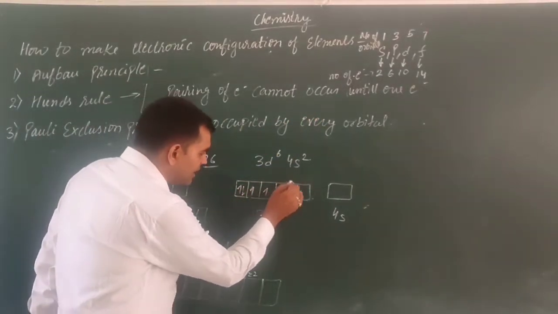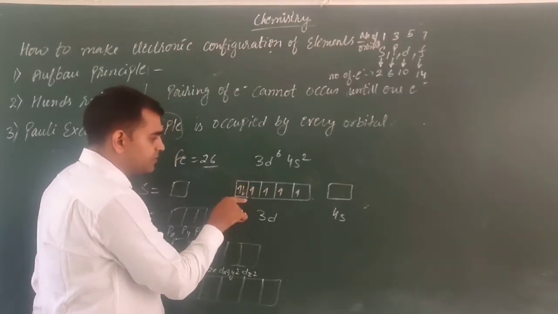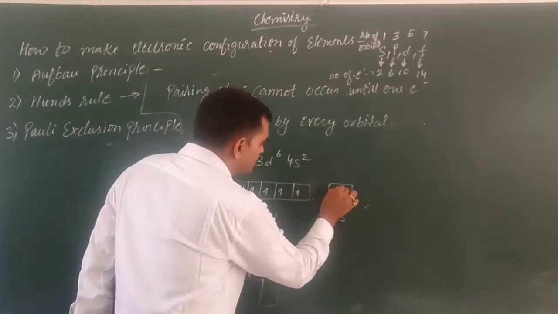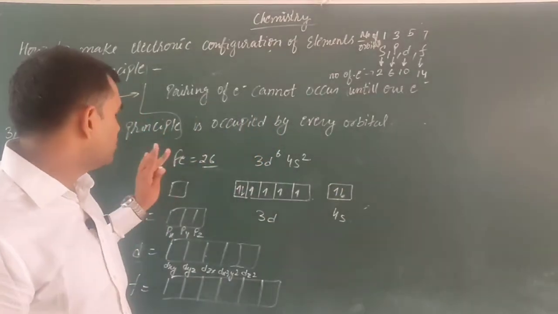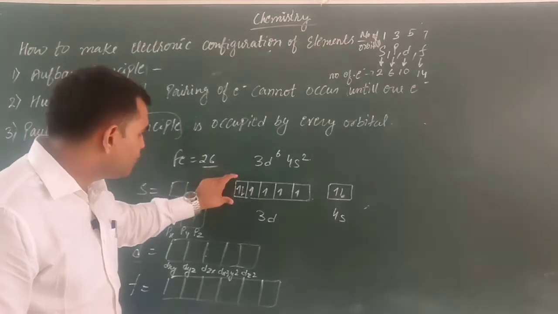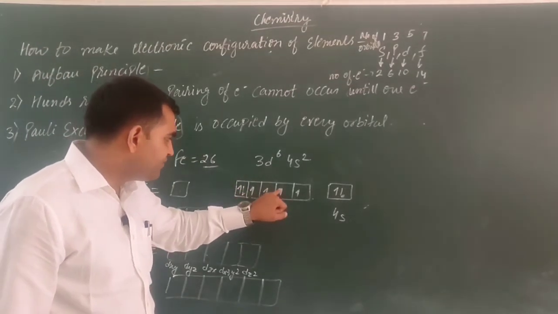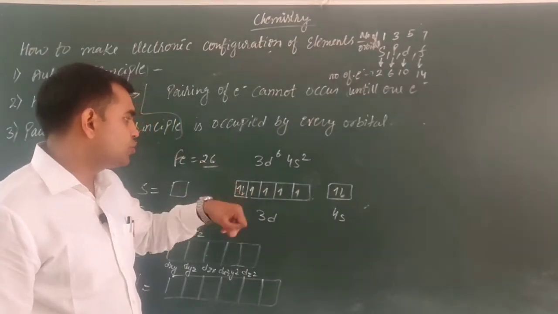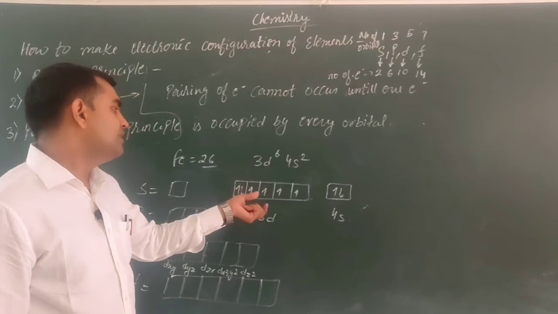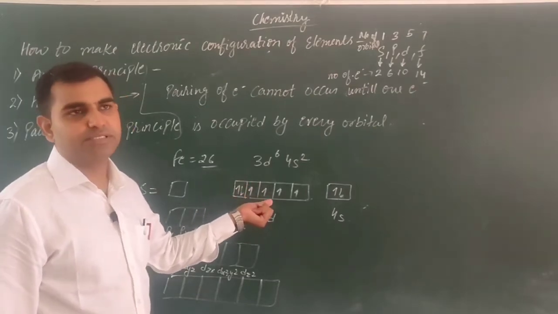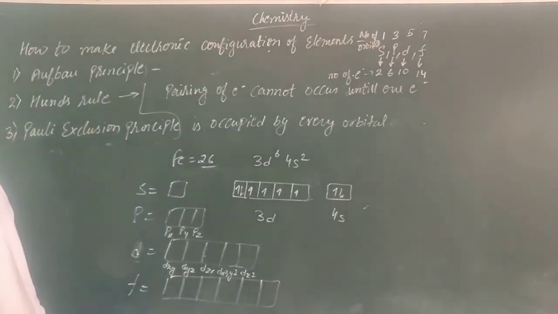Till then we can't pair the orbitals. And here 2 electrons are there, so we will write 2. I think now Hund's rule is clear to all of you, that pairing of orbitals cannot occur until 1 electron is occupied by each orbital. After 1 electron is occupied, we will start pairing from the first, like we have done in the case of iron.